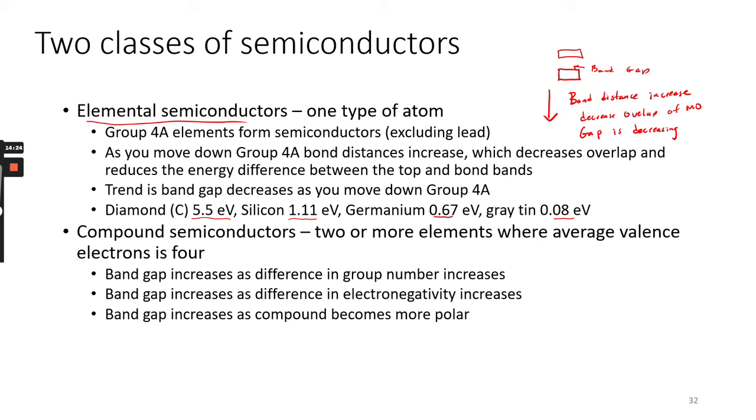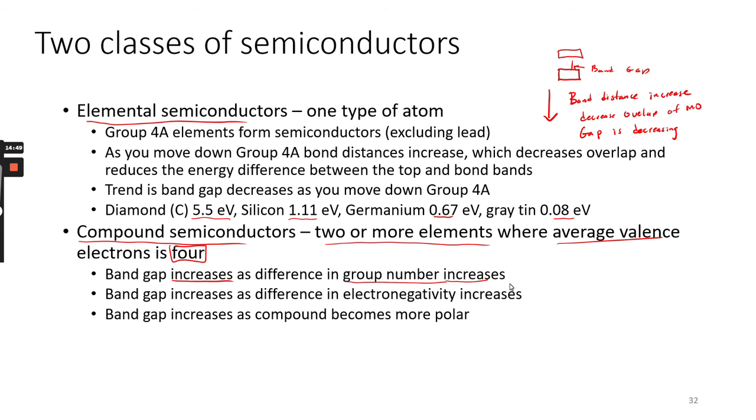The other type of semiconductor is called a compound semiconductor, where you're mixing 2 or more different elements. But remember, your average valence has to be 4. Here are some important trends with compound semiconductors. Your band gap, the spacing between the 2 bands, will increase as the difference in group number increases.